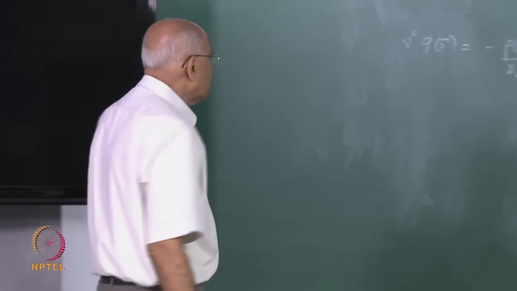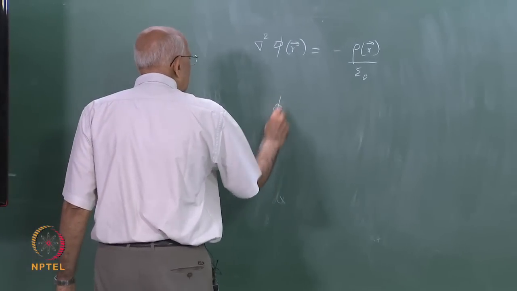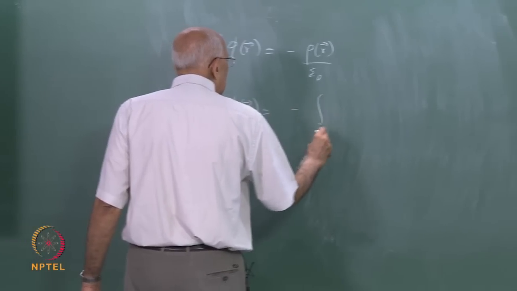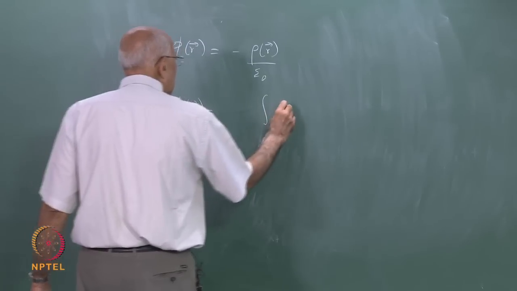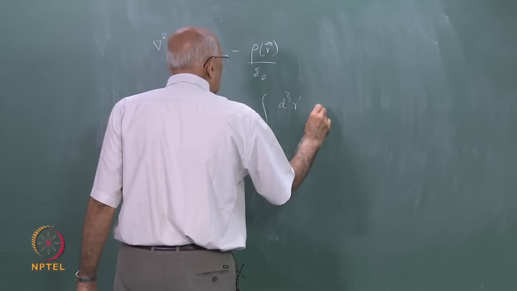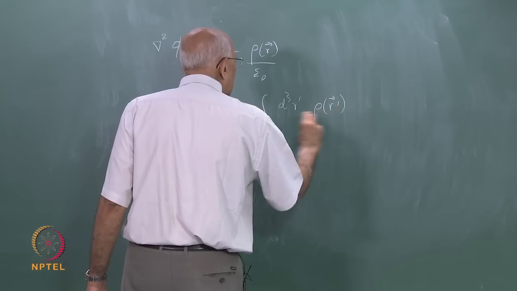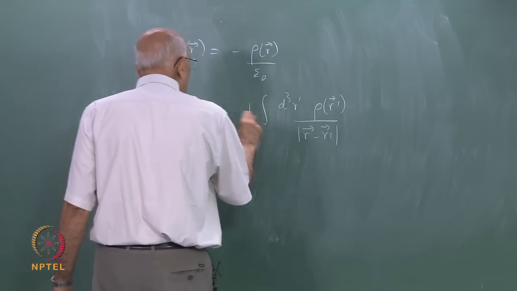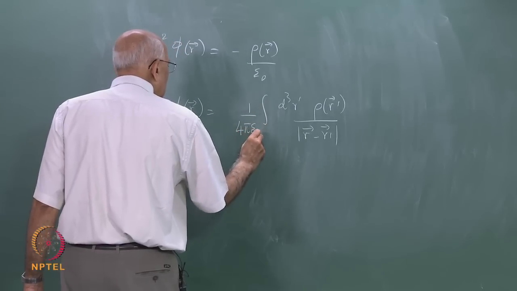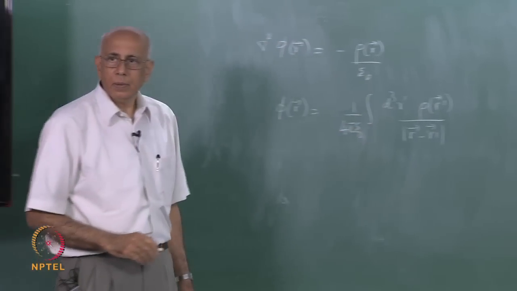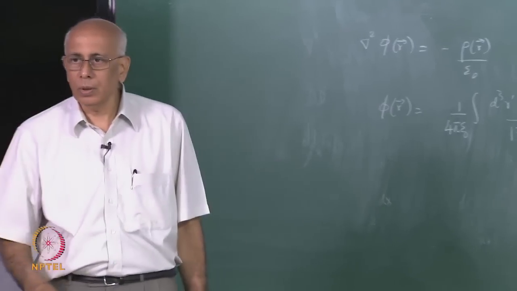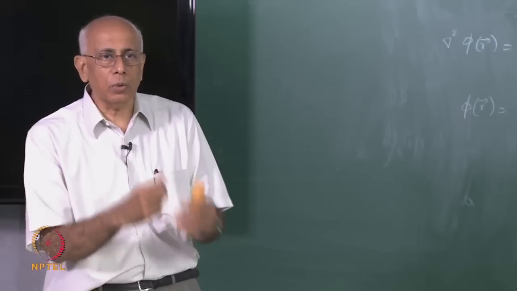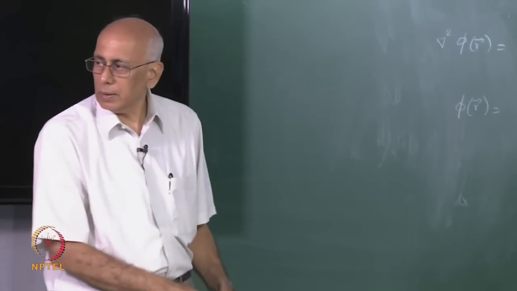The solution is phi of r equal to an integral d3 r prime rho of r prime over modulus r minus r prime, times 1 over 4 pi epsilon naught. That is Coulomb's law, and then the superposition principle is used to add up the potentials due to all the charges, at all points where there are charges.